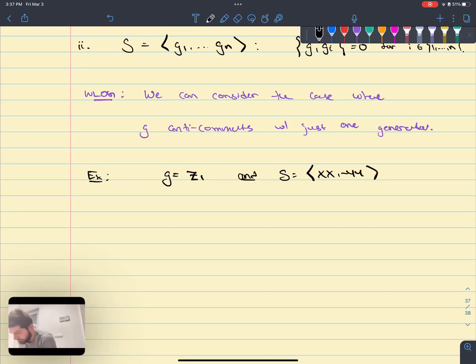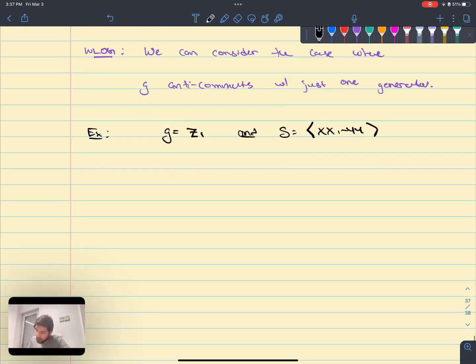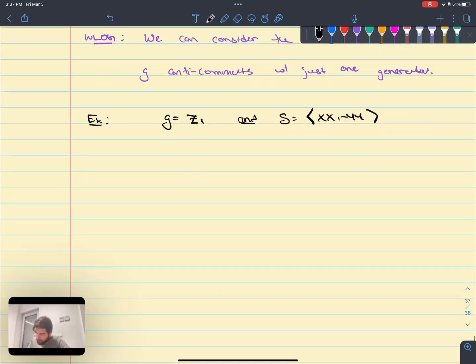So you see clearly that Z1 anti-commutes with X1 X2, and it also anti-commutes with the other one. Why?